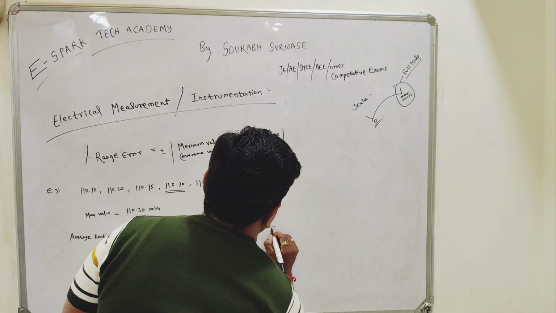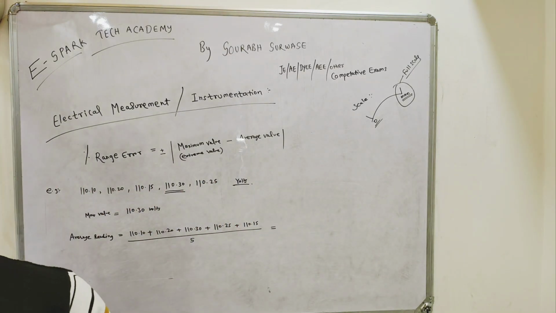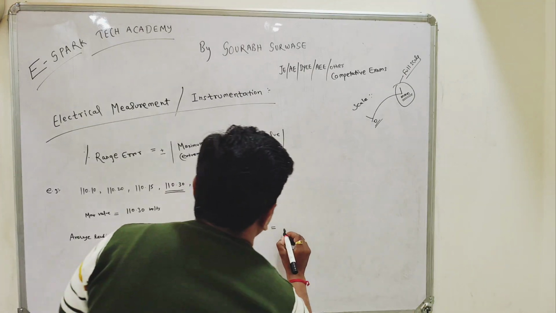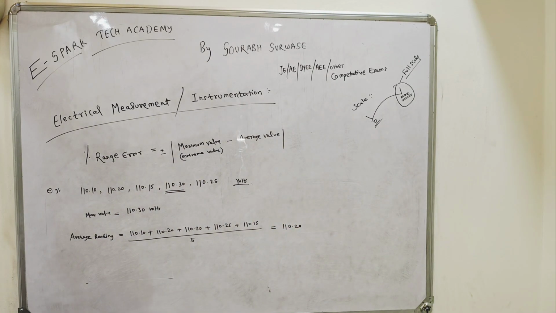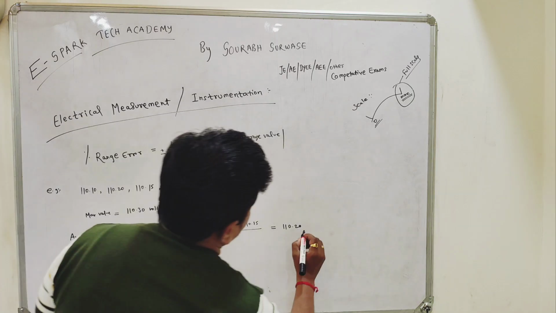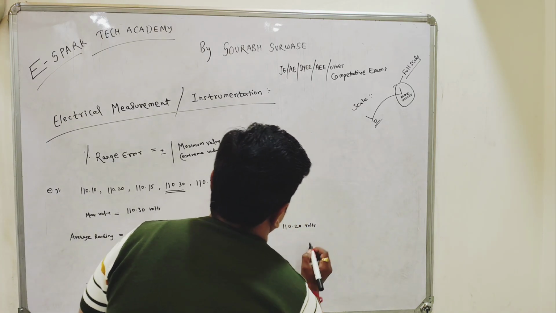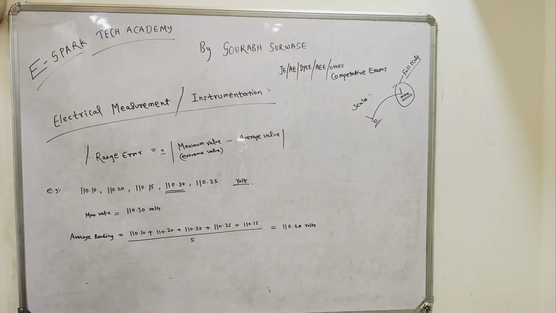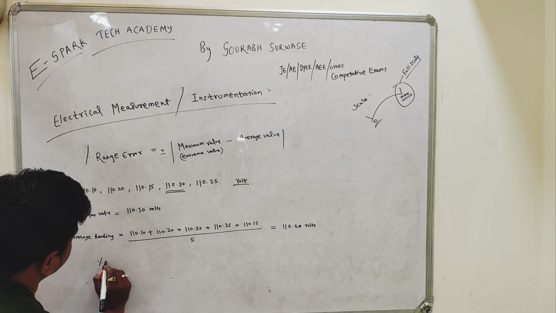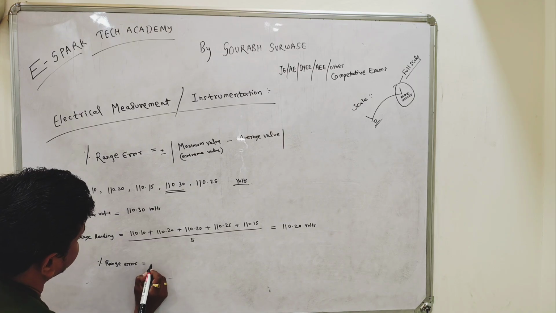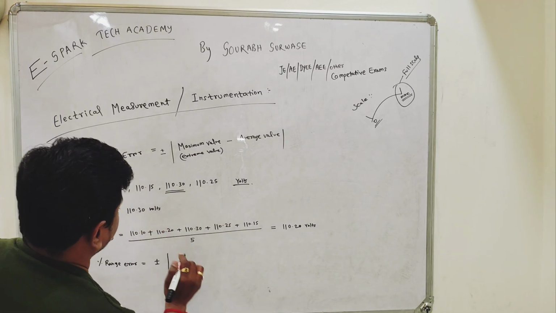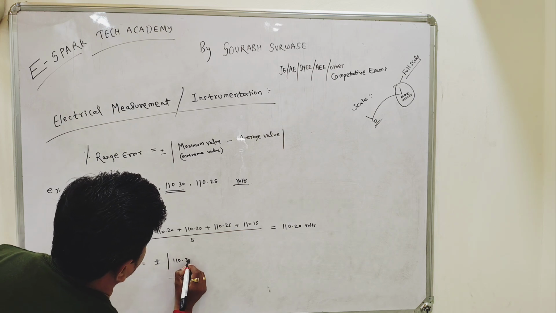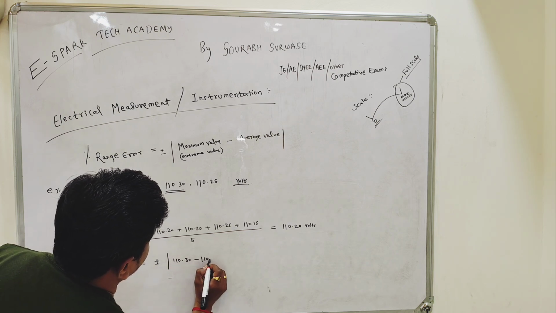Now you will get this value, please try to calculate it. It will be about 110.20. Now this will also be in volts. Now we will apply this formula, range error. The range error will be plus minus modulus of maximum value minus 110.20.